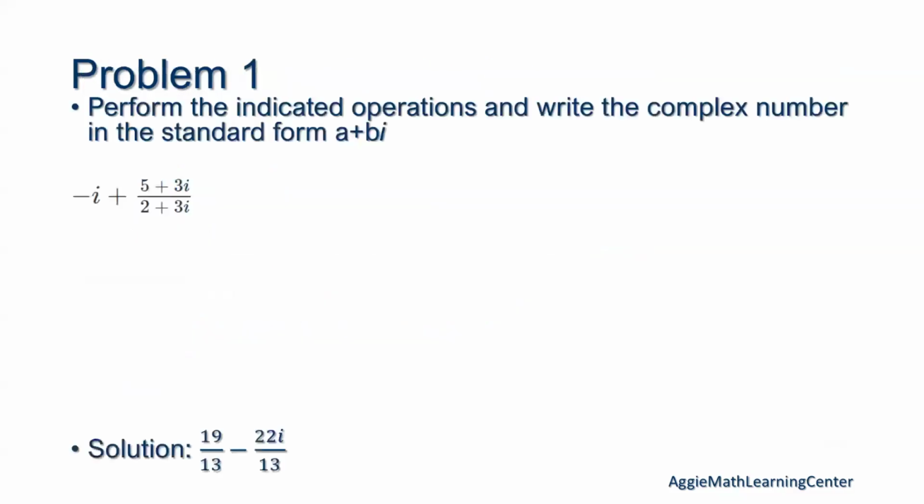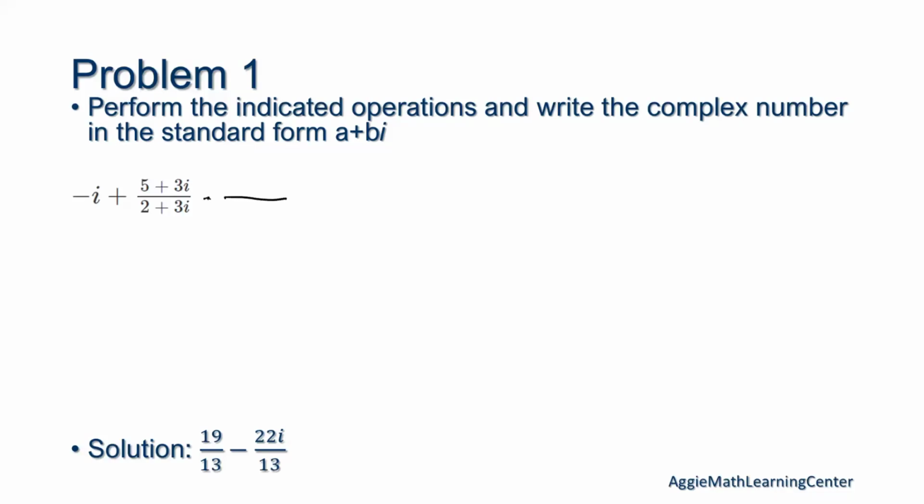All right. So let's take a crack at it with this problem right here. So we're going to want to start off by multiplying the division on the right by the denominator's conjugate.